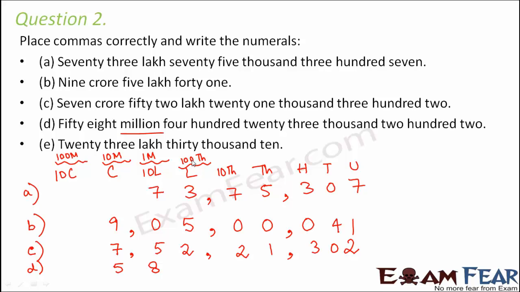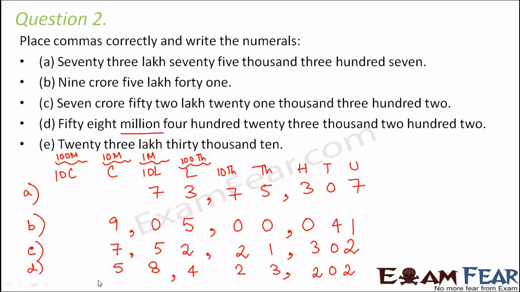In thousands we again have three places, right? So all the 3,000s places have been covered. And then the last, 202. So this becomes 58,423,000s and 202. Right? Okay.